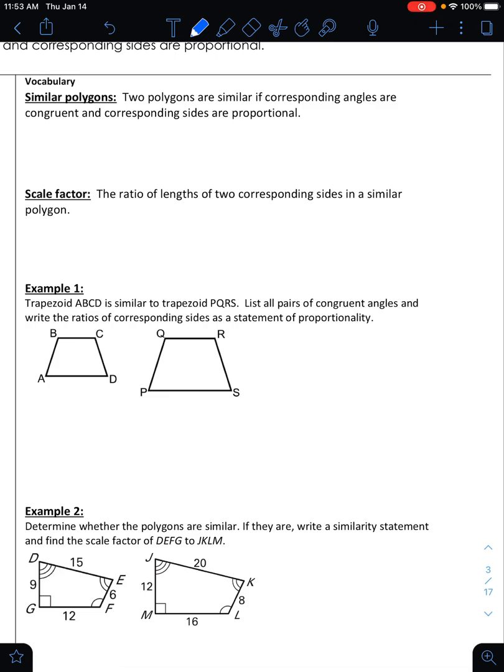All right, first of all, similar polygons. Similar polygons is defined by: 2 polygons are similar if corresponding angles are congruent and corresponding sides are proportional. Okay, really important piece here. 2 elements. Corresponding angles are congruent, number 1.